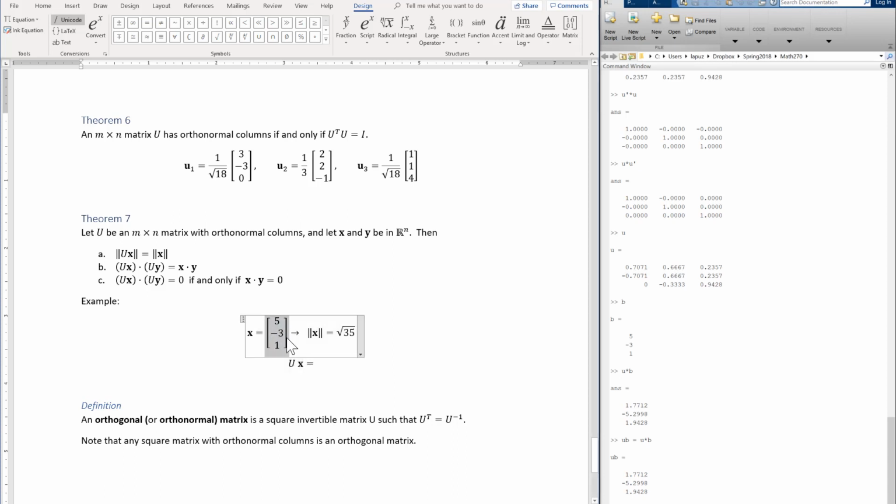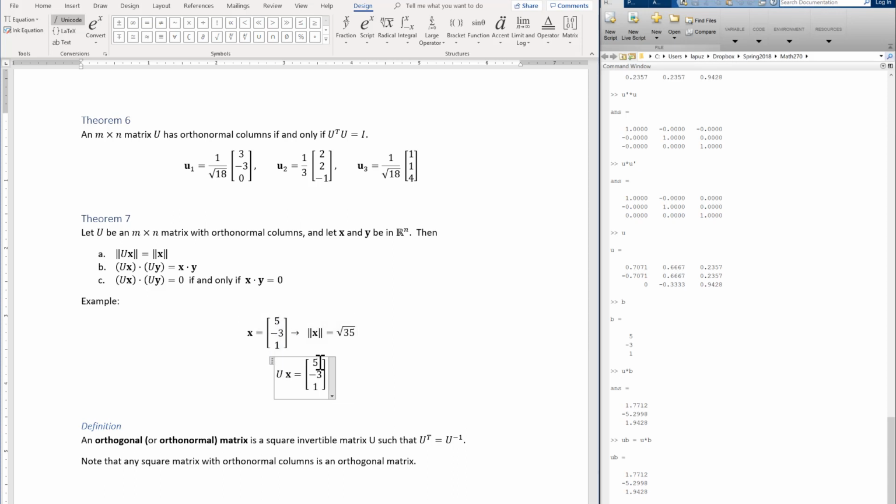We can write it out if we want, I suppose. So after we do that dot product, 1.7712, and then we have a negative 5.2998 and 1.9428. So now we want to find the length of this.